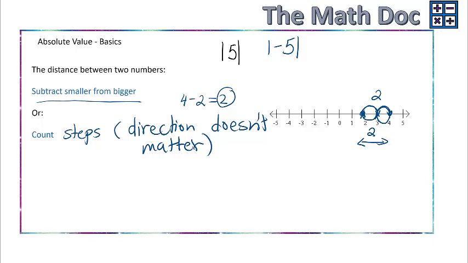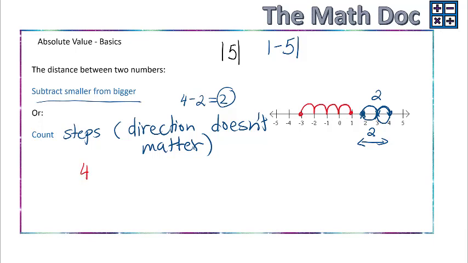Let's take a slightly more complicated problem. What is the distance between 1 and -3? Let's do the counting first because that is simple. We count 1 step, 2 steps, 3 steps, 4 steps. So counting the steps will just give us 4.